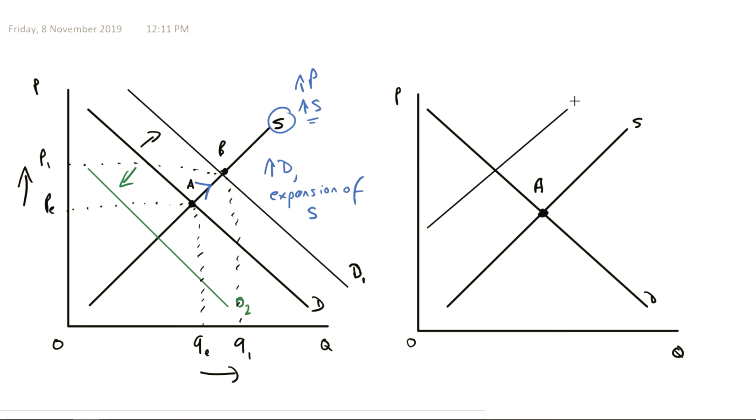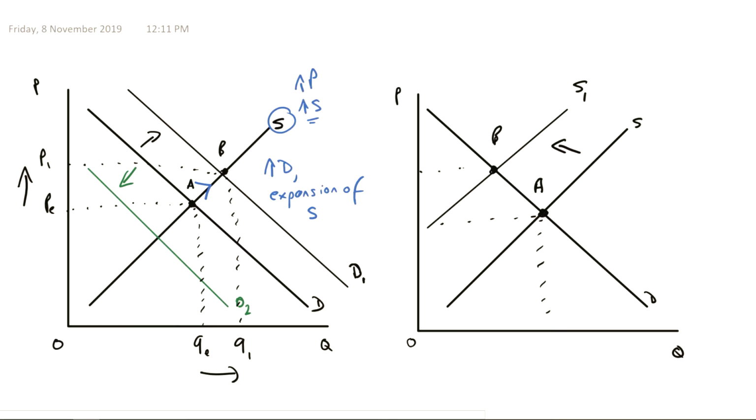Okay, so let's do another example just to clarify it even further. So let's talk about a decrease in supply, for example. So we've got our market equilibrium, we're living here at point A. So if supply decreases, it will get up and move to the left.